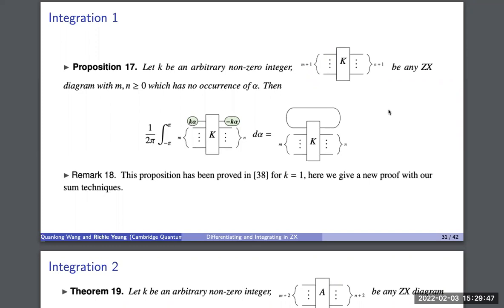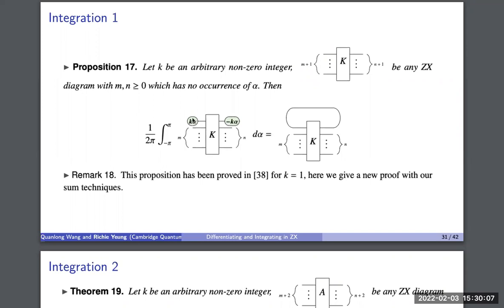So I just want to show quickly the integration results. Here's the n equals 1 case. If you have a single occurrence in the expectation, you'll get a pair of phases like this. You have some diagram in the middle and you can pull the phases out.